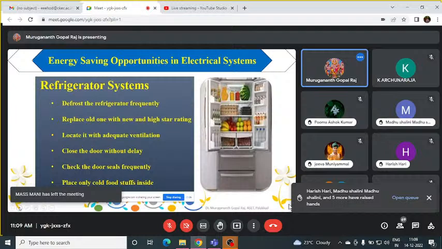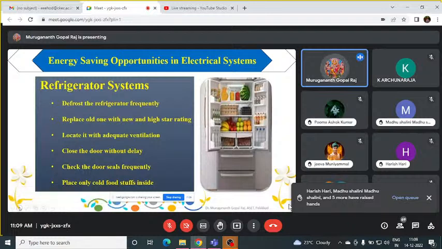So this is the proper way of maintaining a refrigerator. If you do this, the life of the refrigerator will be increased, and the warranty and everything will go in a smooth manner. So, dear participants, kindly practice this at least once in 6 months. Try to switch off your refrigerator manually so that its life gets increased.